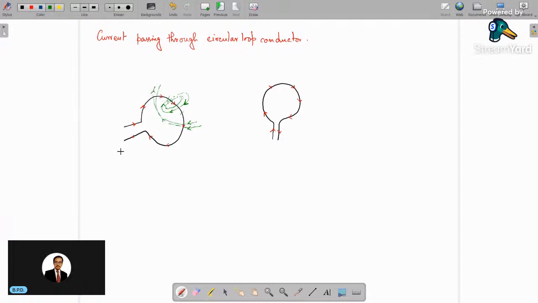Exactly in the middle it will be an approximated straight line like this, and in the lower portion it will be like this.